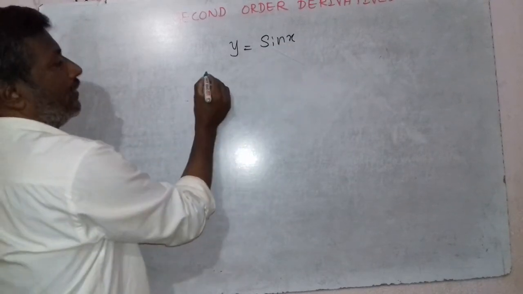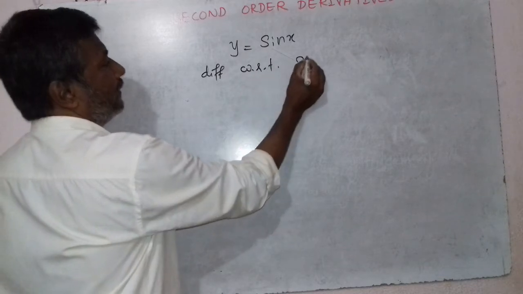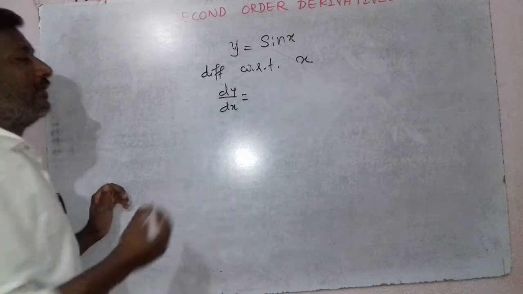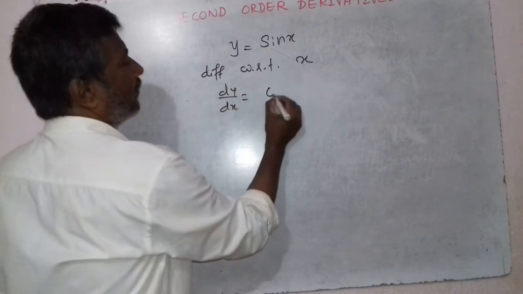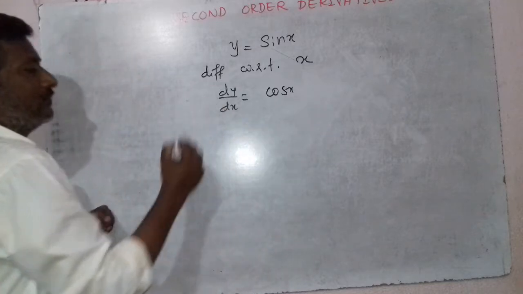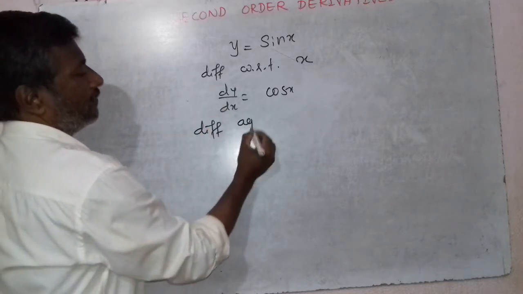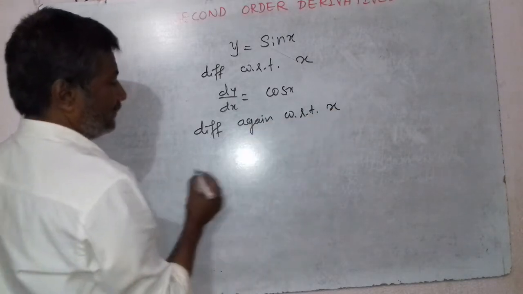Differentiate with respect to x. Directly I am writing dy by dx: derivative of sin x is cos x. Now differentiate again with respect to x.